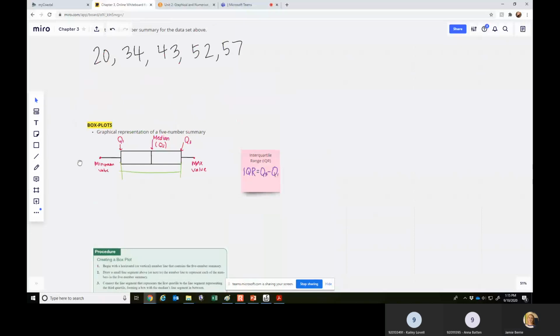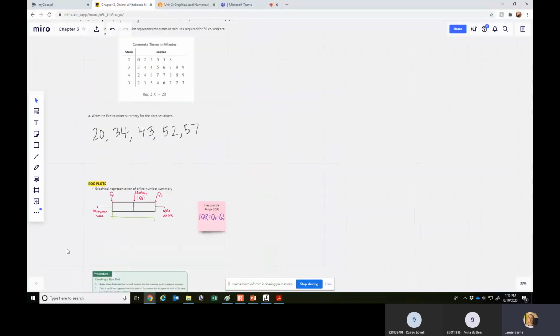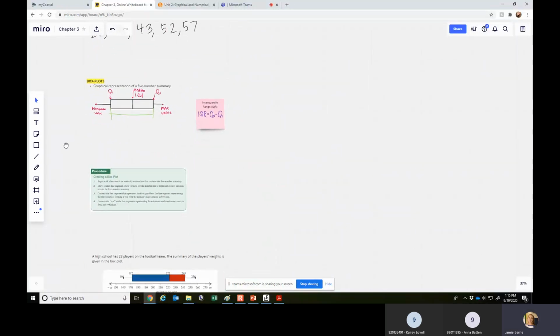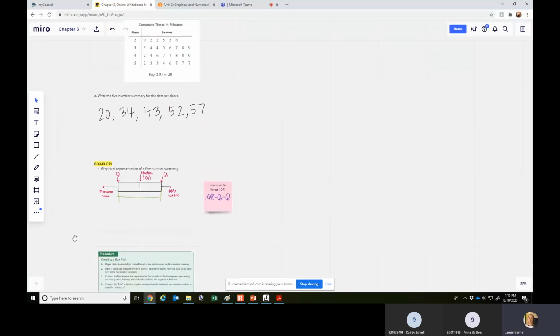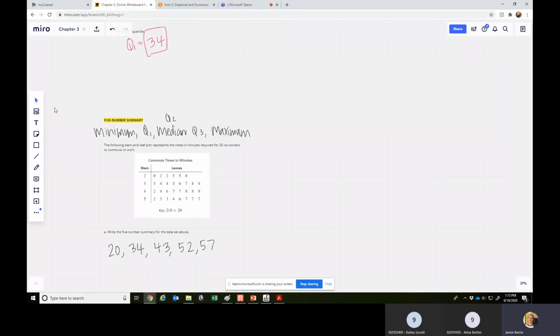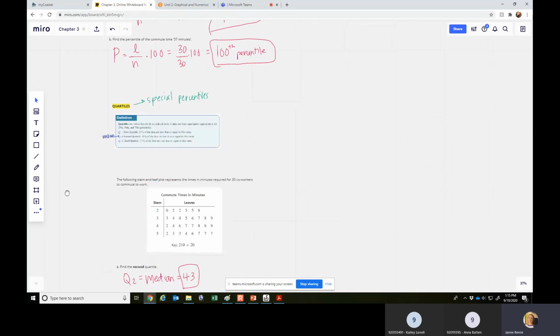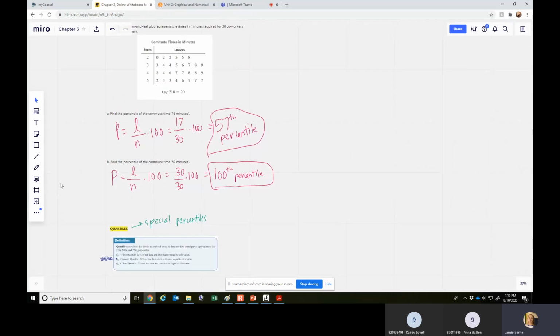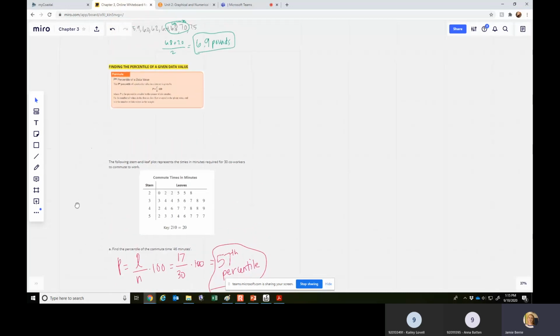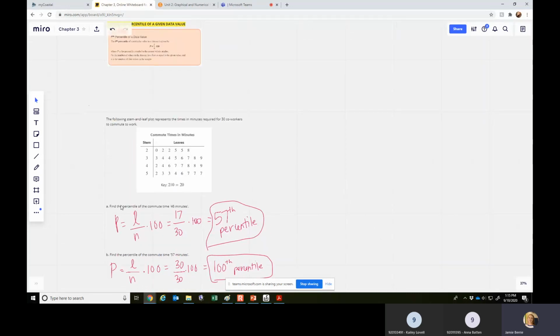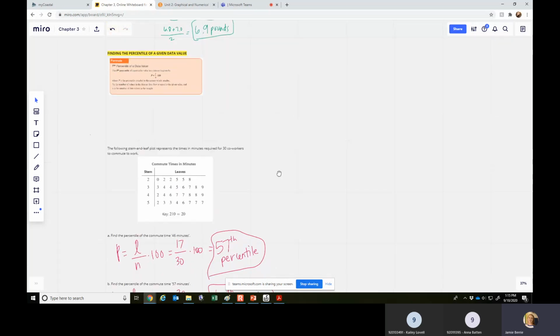All right. So again, we talked about box plots. We talked about the 5-number summary, quartiles, percentiles. We said that quartiles are just special percentiles that have special names. We talked about how you can find the percentile of a given data value, like find the percentile of the commute time 46 minutes.